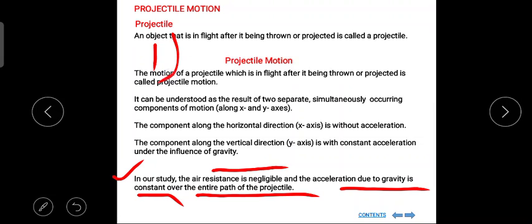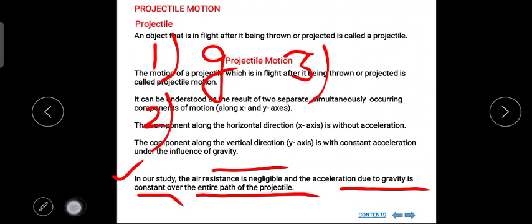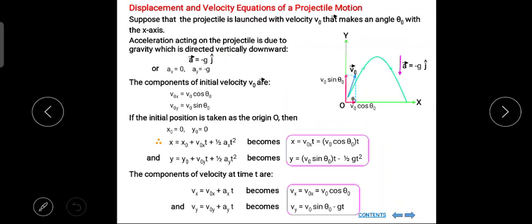First, acceleration due to gravity is constant; second, there is no air resistance; and third, it is always acting downward. You never hear that acceleration due to gravity is acting upward. That would be something silly. Okay, now let's move forward.